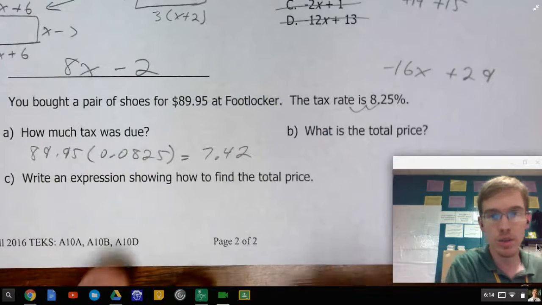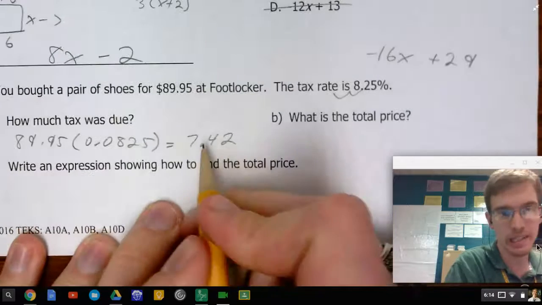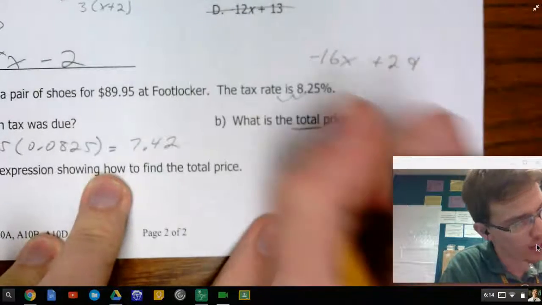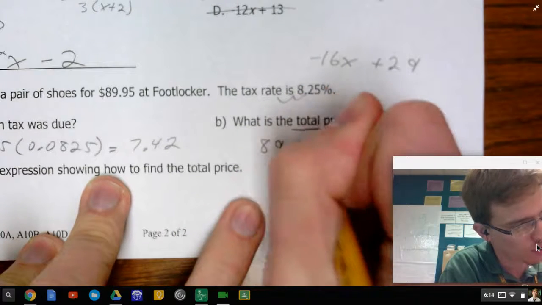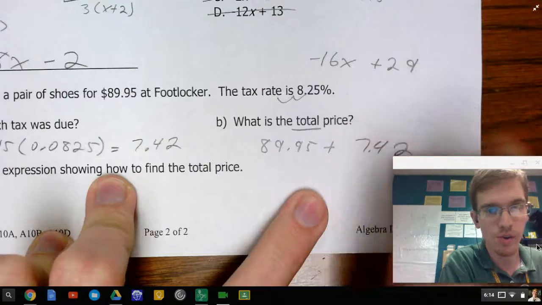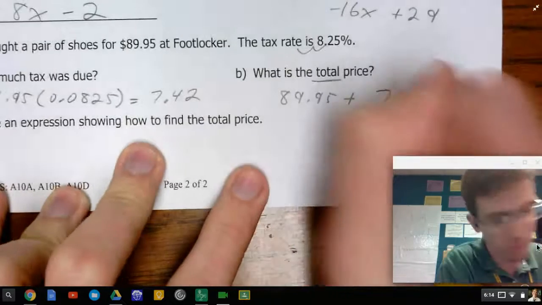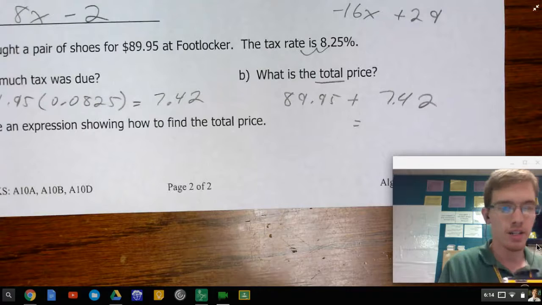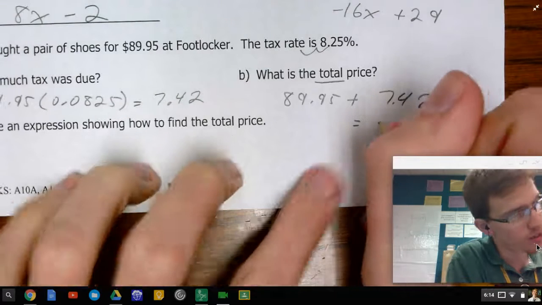And then it says, what's the total price? Well, this is just the tax. So the total price is the $89.95 plus the tax. So the total price is $97.37.